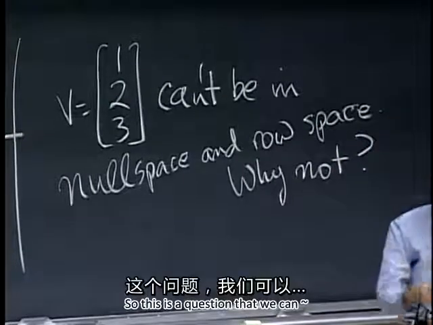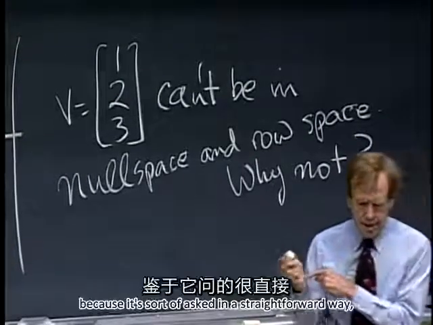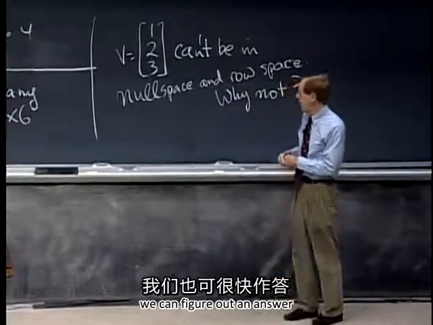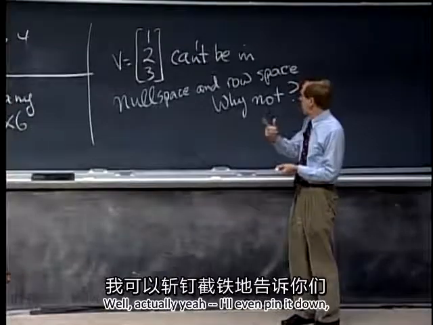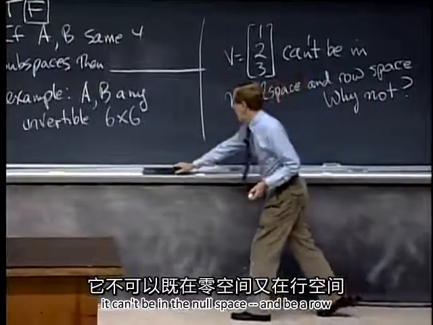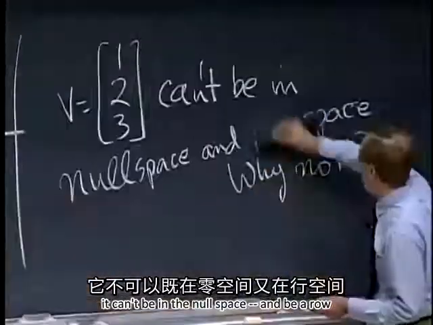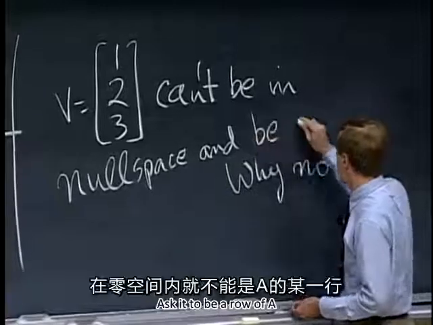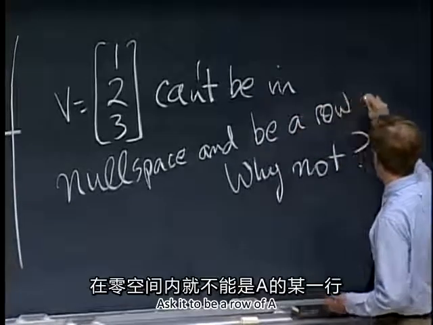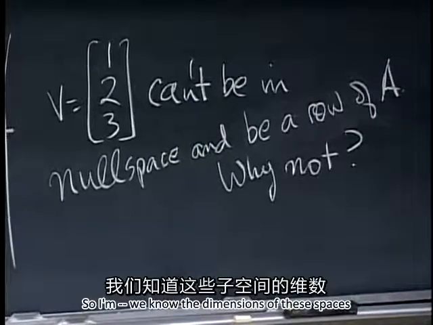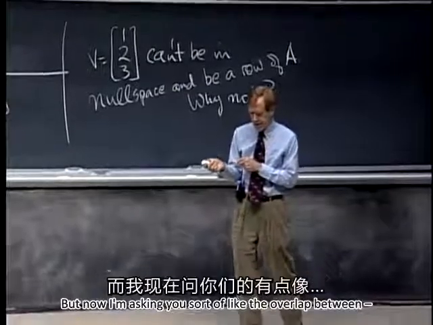So this is a question that, because it's asked in a straightforward way, we can figure out an answer. I'll even pin it down. It can't be in the null space and be a row. I'll even pin it down further. Ask it to be a row of A. Why not? So we know the dimensions of these spaces.